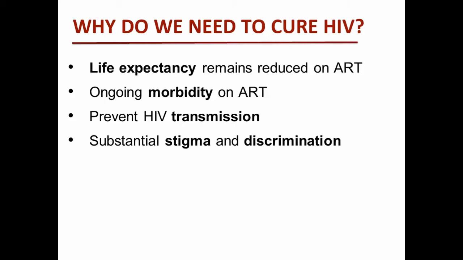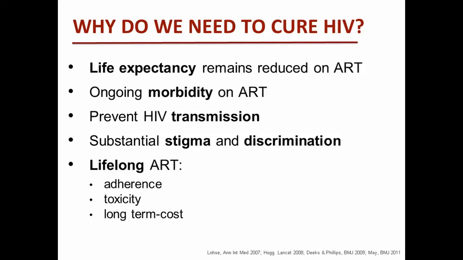Because there is still a stigma and discrimination of patients with HIV infection. And, last but not least, there are possibilities to use the antiviral therapy for many years and have a very high adherence, a relatively low toxicity, but we have to consider the costs of the infection as such.